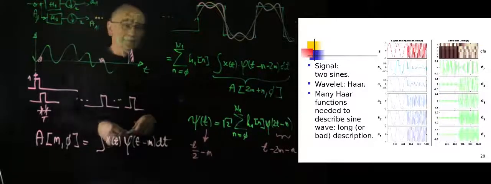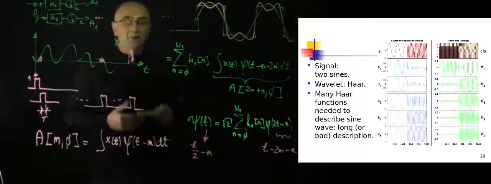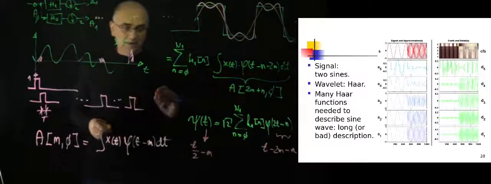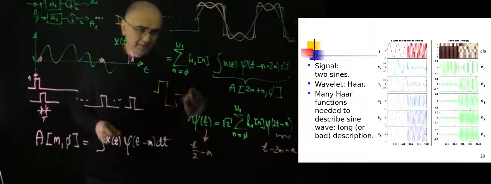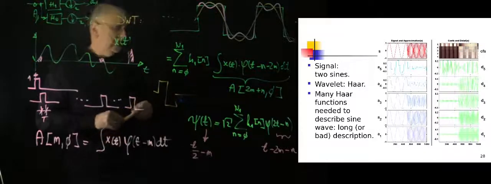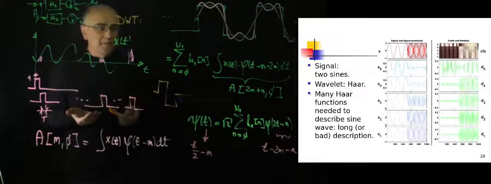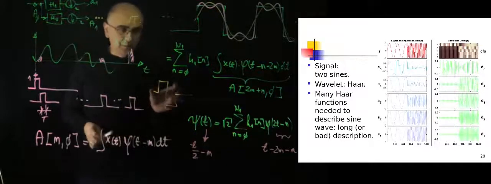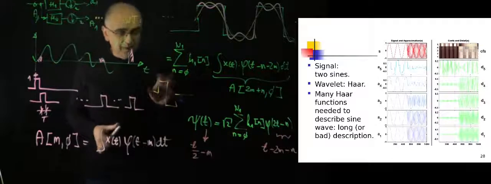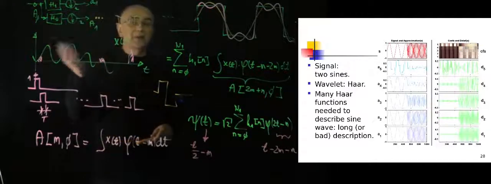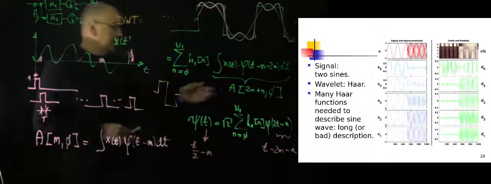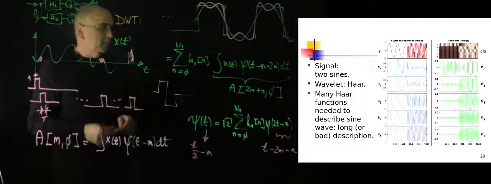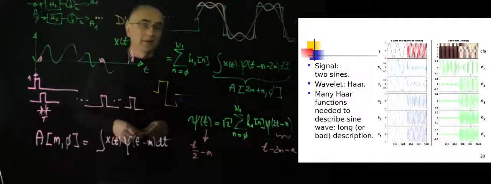In this example, we have a reverse situation. We want to describe sines using Haar wavelets that are rectangular. And still we have the same property. We need a lot of rectangular wavelets to properly describe sine waves, and we can see that the description in the Haar wavelet domain is not sparse.